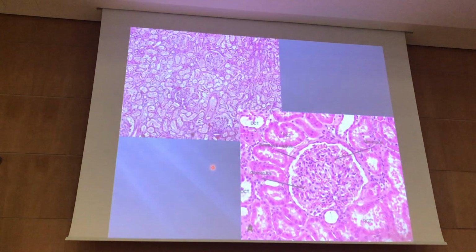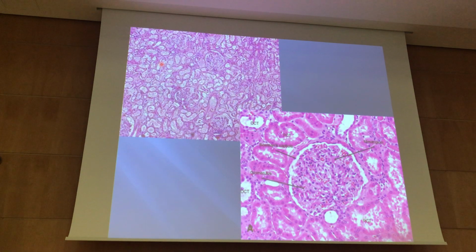So if you see the histology, this is a low power view, in which you can see one glomerulus, the other one, third one, this is probably the fourth one, this is the fifth one. So I can see 5 glomeruli in this lobar. These are all tubules, right? This is a blood vessel, this one.